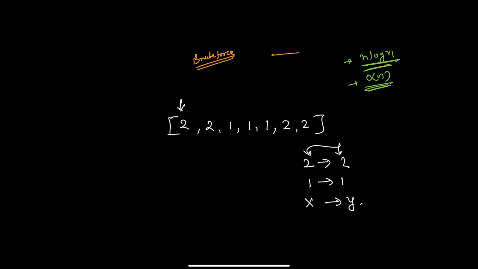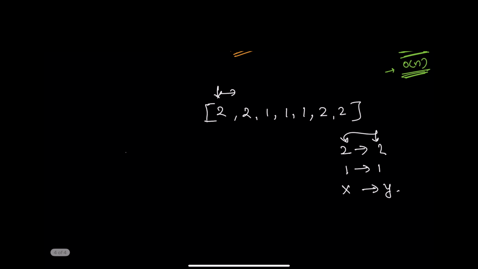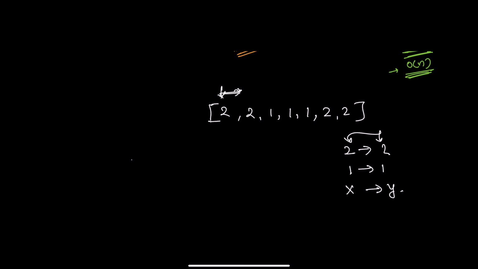So instead of iterating it again and again, we iterate the array once and store its frequency. Like first we iterate 2, so we can use a mapper here. We start iterating from 2. So the 2 occurs, the frequency is 1.